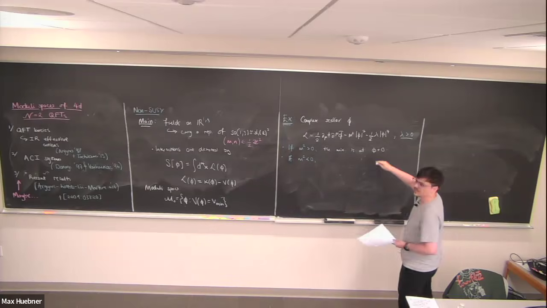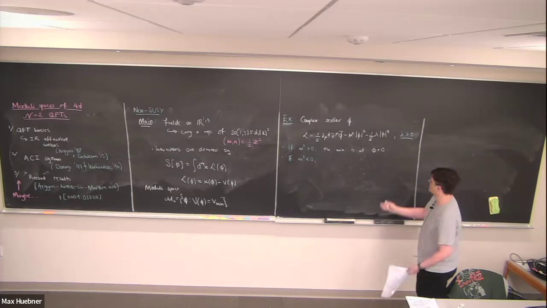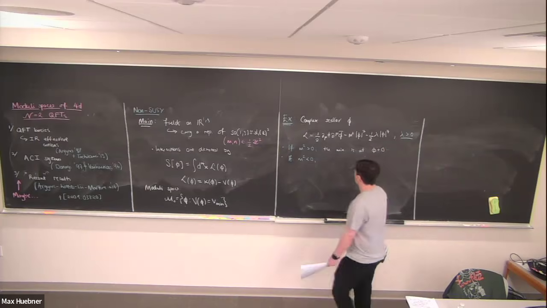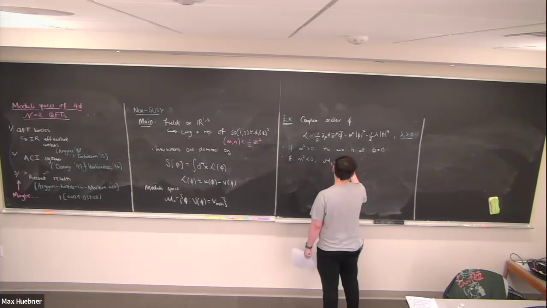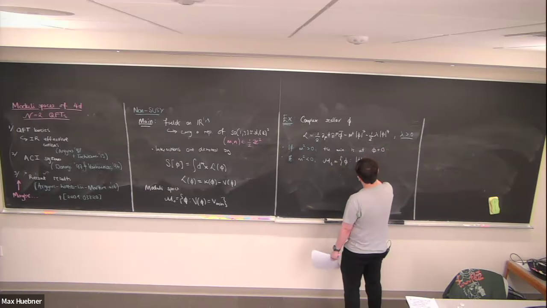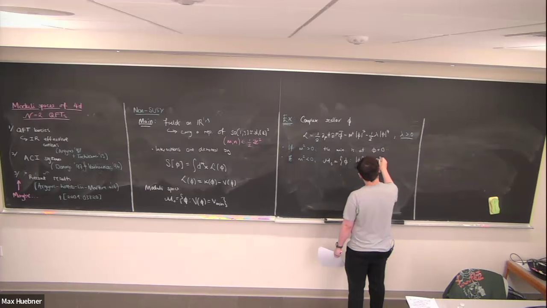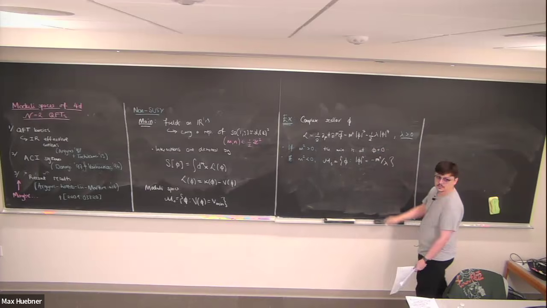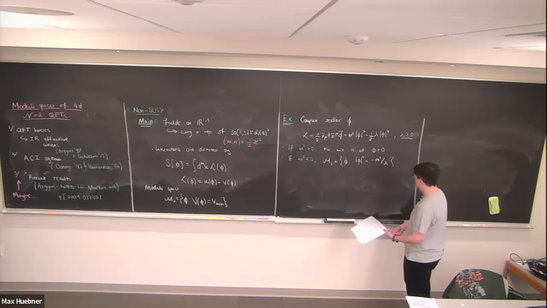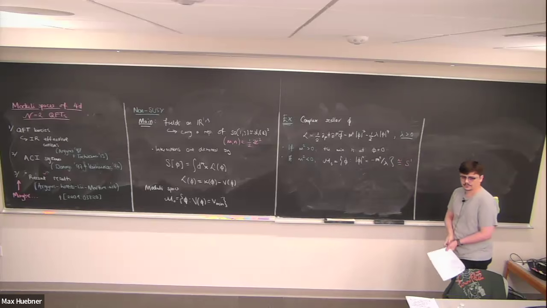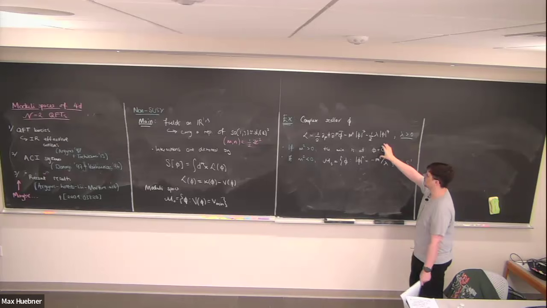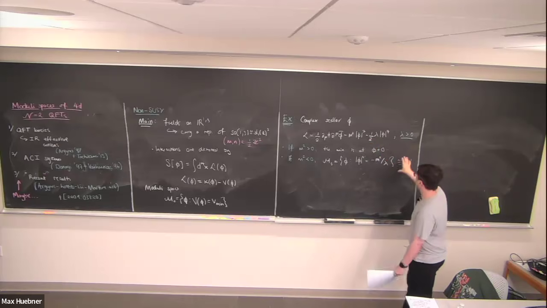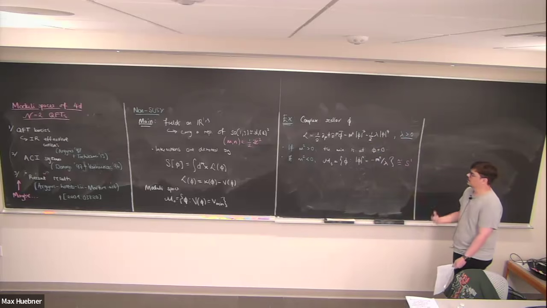If you then try to minimize this potential, which goes by the name of Mexican hat because it looks like a sombrero, the vacuum manifold is defined by the condition that the norm squared is equal to minus m squared over lambda. In particular, this is just an S^1. So you have two different versions here: one with an isolated vacuum, and one with a whole continuous space of vacua.